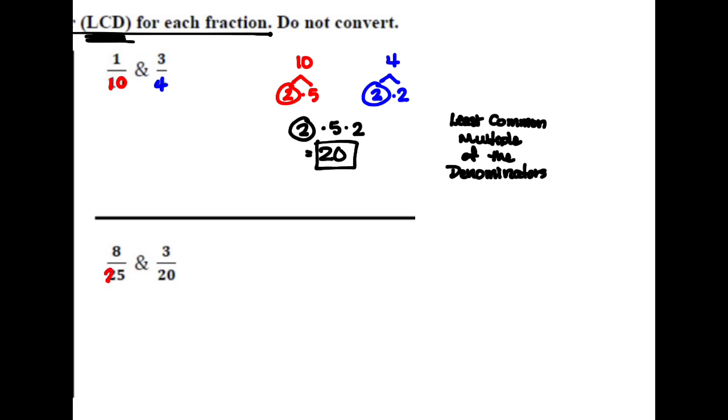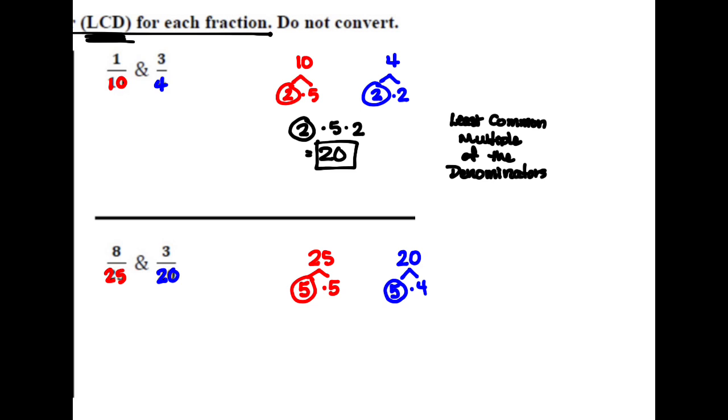Okay, so I have a 25 as my first denominator, so it comes over here. And I have a 20 as my second denominator, so it also comes over here. What do they each have in common? A 5, right? 25 is 5 times 5, and 20 is 5 times 4.